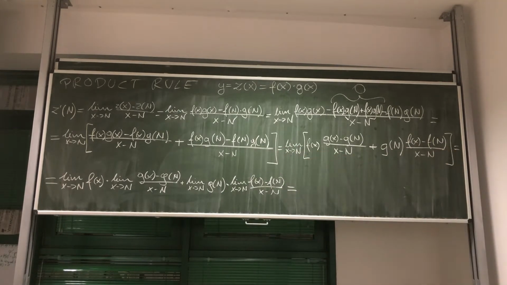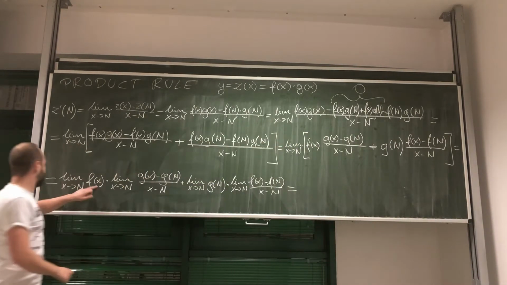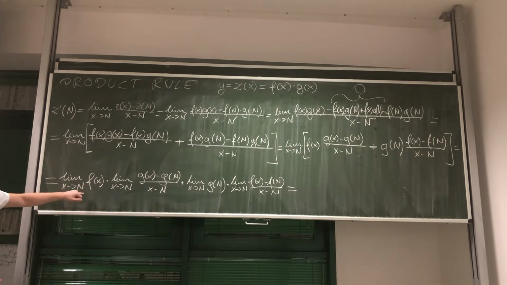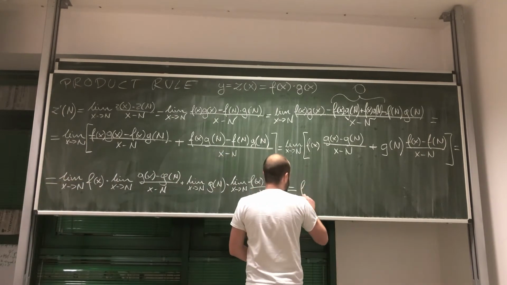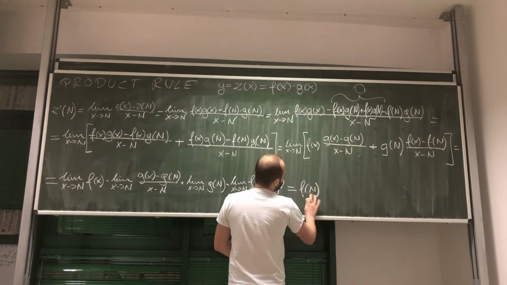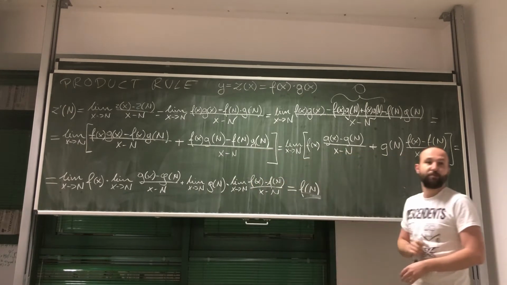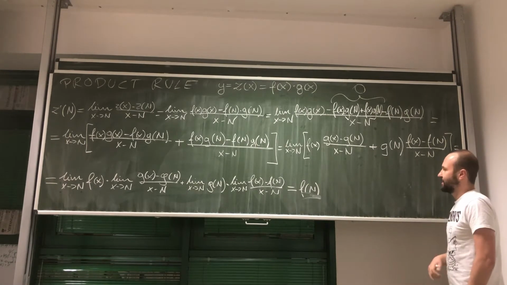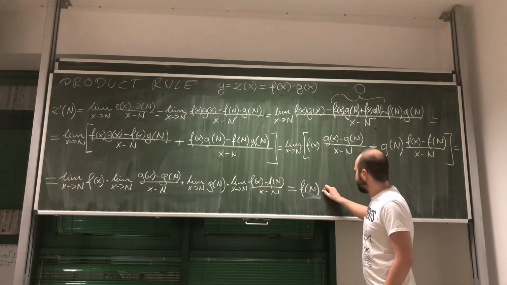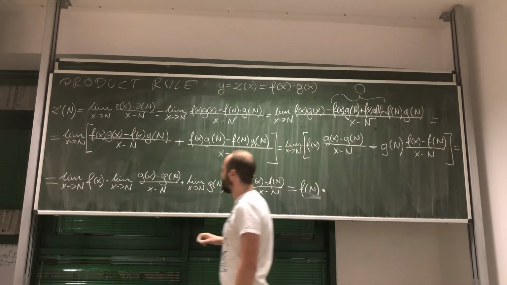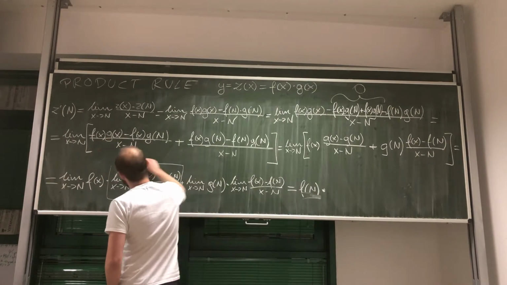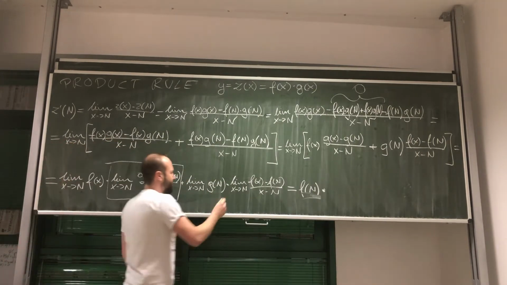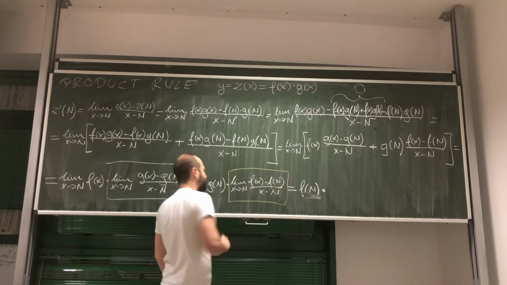Okay, and at this moment we are ready to calculate what it is. The limit of this function as x approaches n is going to be equal to f of n. We're assuming that the function is differentiable to begin with, so we can find the limit in this case by substitution. Now, times what? Let's look at this expression. Does this look familiar?